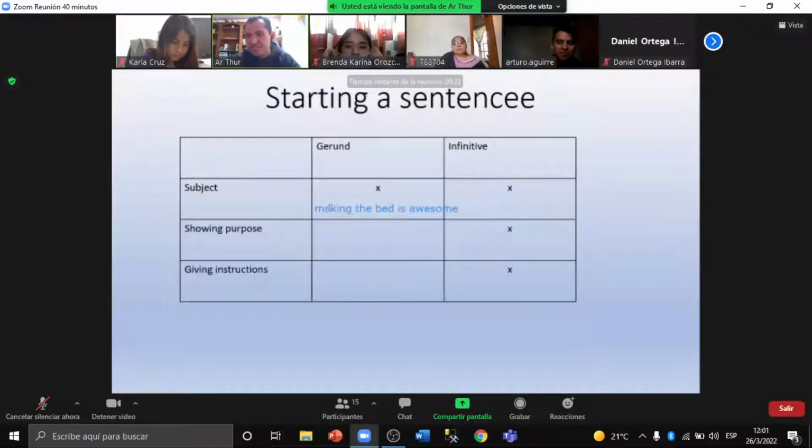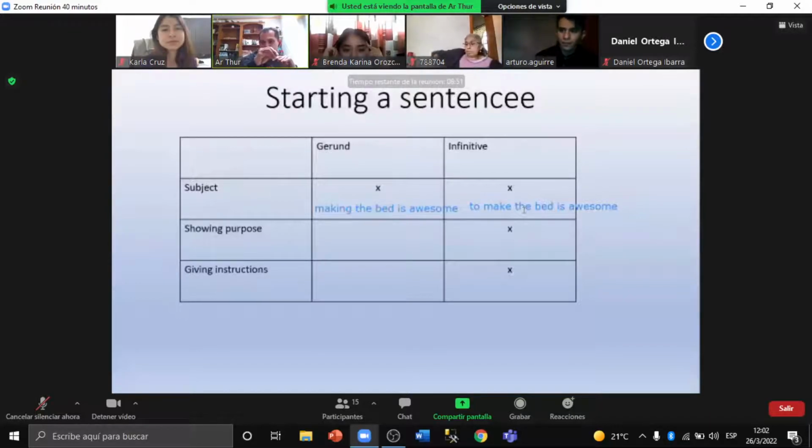Making is a real situation. It's a fact. All right. But what happens if we use the infinitive, using the same example? To make the bed is awesome. In this case, when you use the infinitive like a subject, it's a possibility or you want to mention a probability.